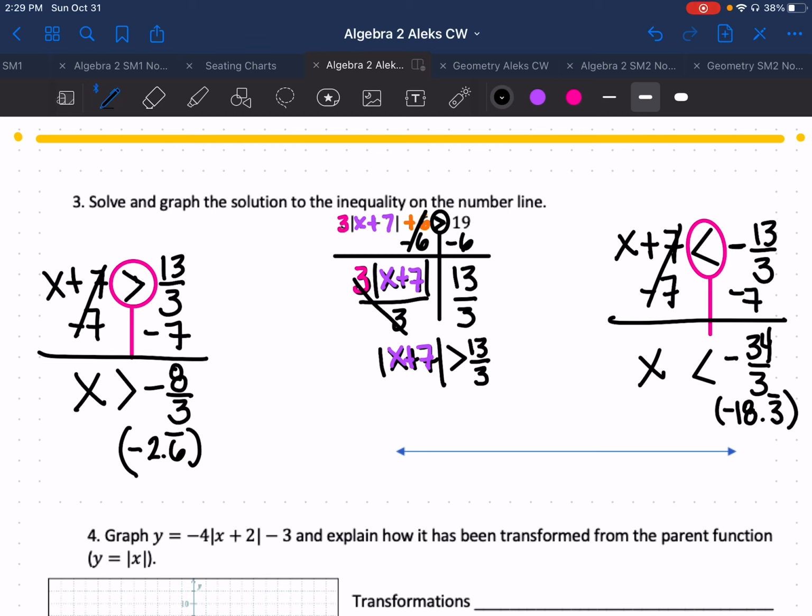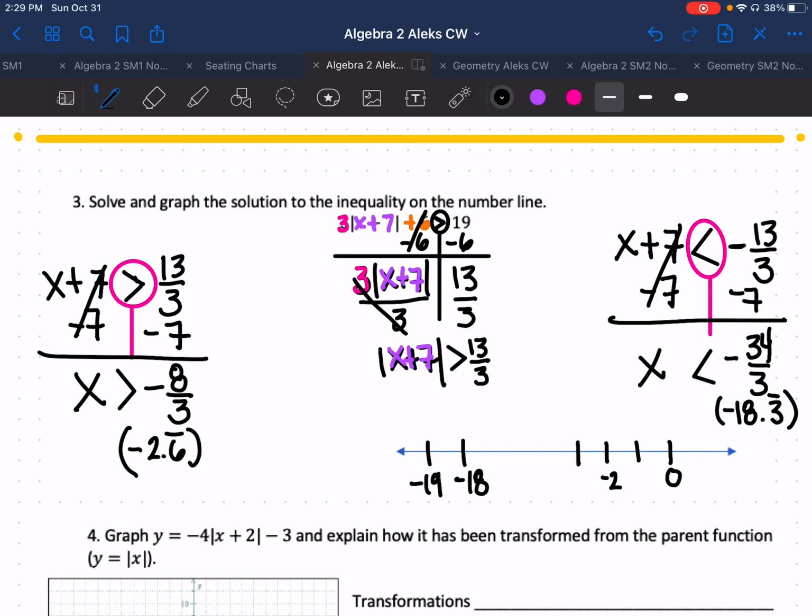So I'm going to go ahead and put 0 right here. I'm going to put -1, -2, -3. So there's my -2. And then down here, I'm going to put negative 18, -19. This is just helping me to figure out where those circles should go. It's okay not to put the numbers in between.